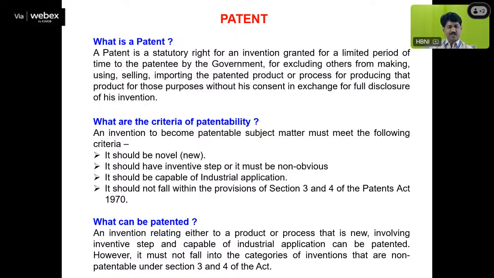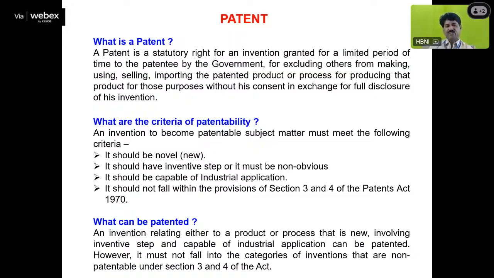So in general, what can be patented? An invention relating either to a product or a process. So a patent can be filed for a product like a substance, or it can also be for a process, like a manufacturing process or a process for purification of some substance. Those types of things can be patented.